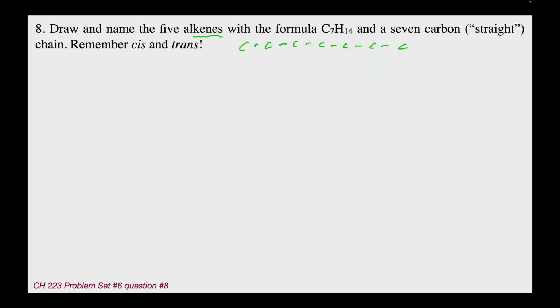So you can imagine you could have a double bond between the first 2 carbons, or you could say have a double bond between the second carbons. Because they are straight chains, you have 7 carbons in a row. So for example, let's put the double bond back there between the first and the second carbons. Now remember, carbon can only handle 4 bonds. That's the maximum number.